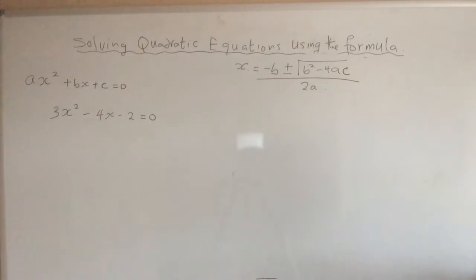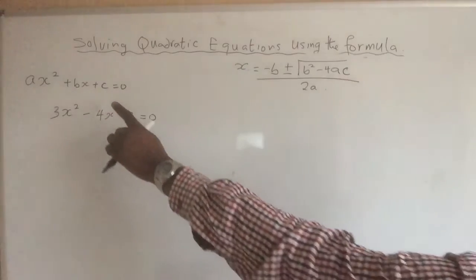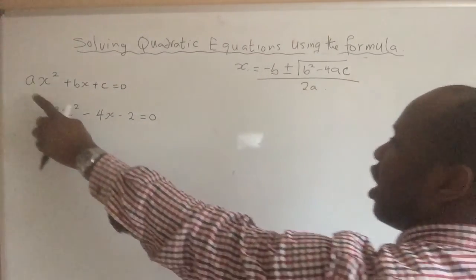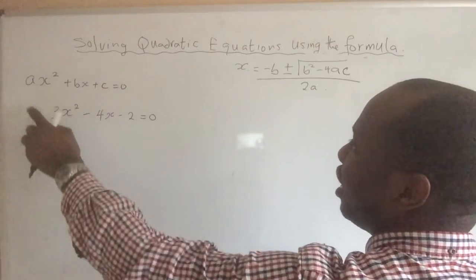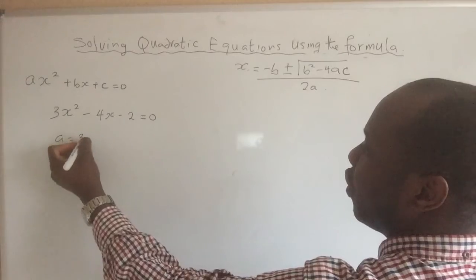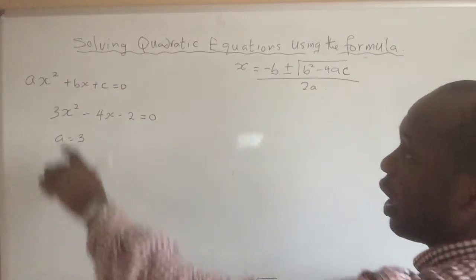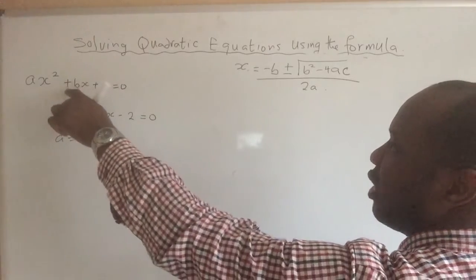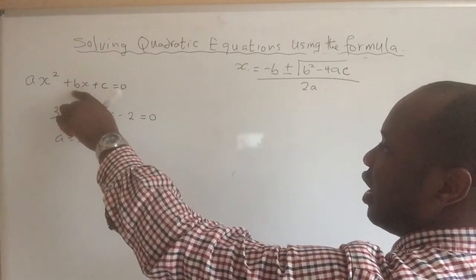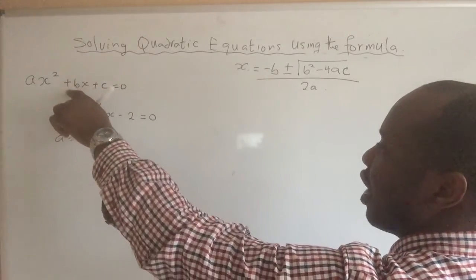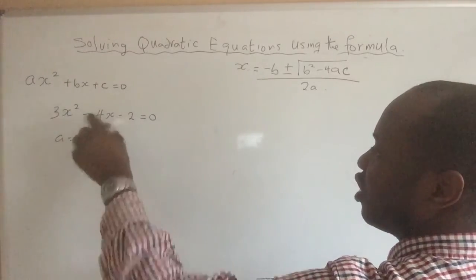Okay, solving this question, we are going to compare what a general quadratic equation looks like to the question you're given. If I compare here, I'm going to write out what I see. I know A equal to 3. I know B is minus 4, because the formula says plus B here, and for us to have that, it's plus minus 4.